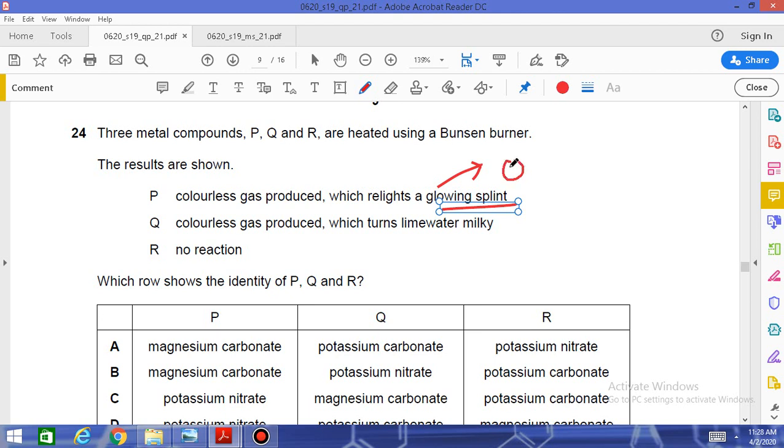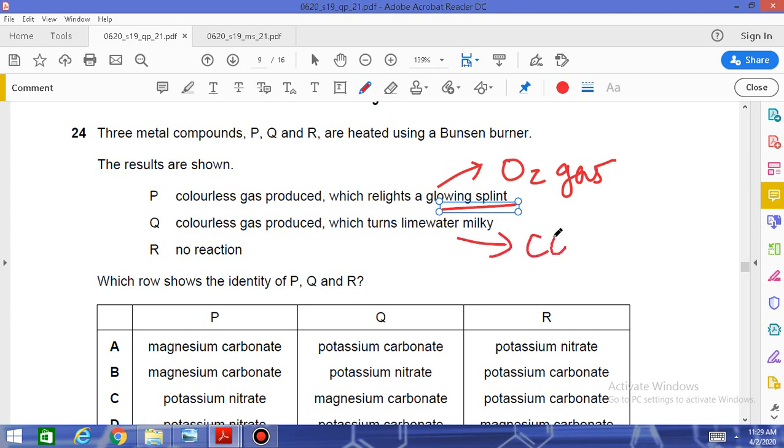So this is oxygen. Oxygen gas is produced, and the presence of oxygen gas is tested using a glowing splint, which it relights. How about Q, a colorless gas produced which turns lime water milky?